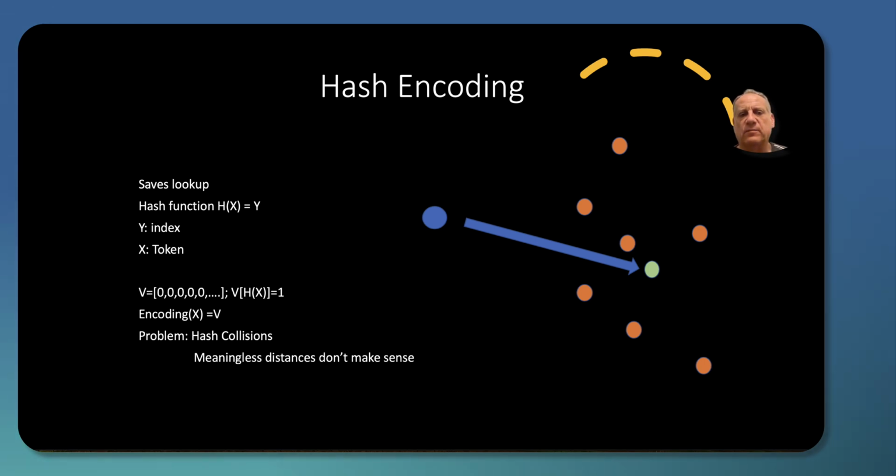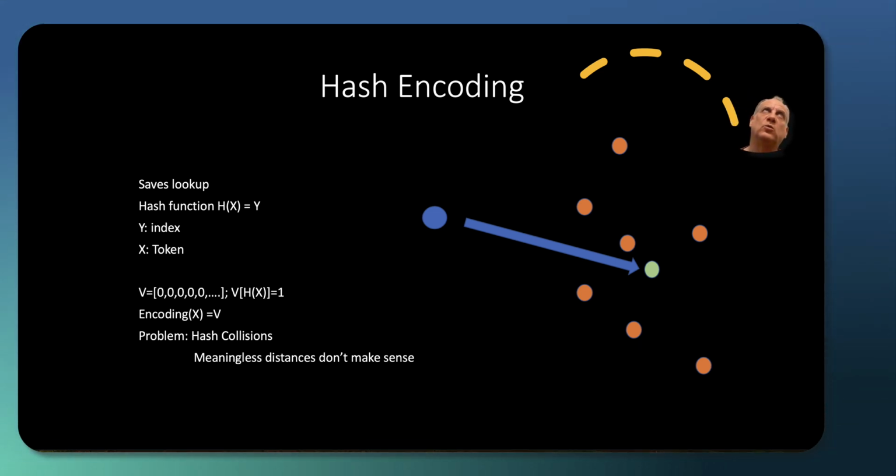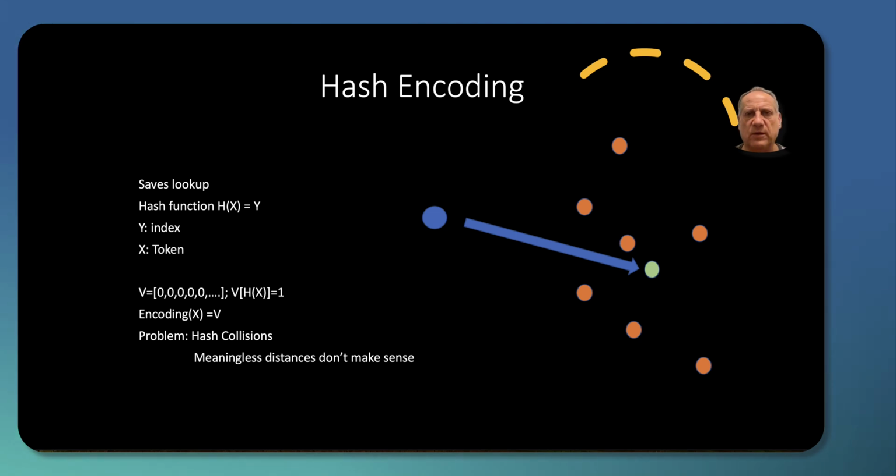That would be like a hash. It's a little bit more technical than that, but essentially you're spreading it all out so that they're all kind of equally far apart. It's not like that representation is at integers because it's not one dimensional. It's, let's say, 200 dimensional. But it still has this problem that words that are related aren't close together. Still, you will see this hash encoding used sometimes, so keep that in mind.